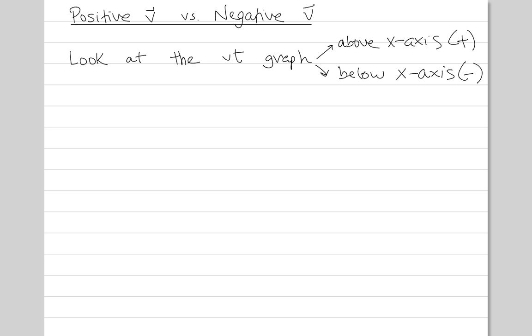So as I draw these two graphs, I kind of just want you to follow along. I'll give you a second to catch up, and then I want you to just follow along as I speak.